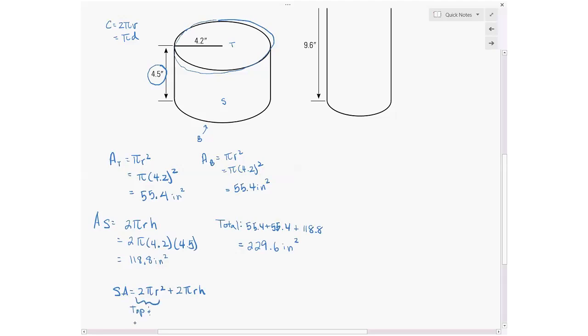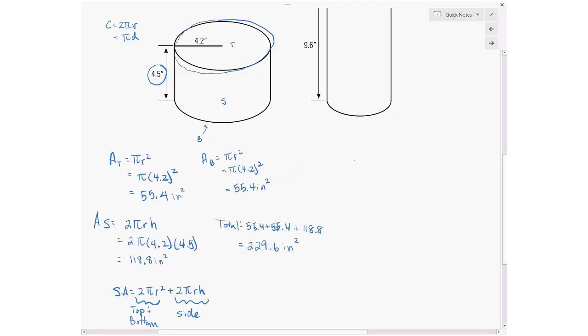So grab your formula sheet right now and write on it that the 2 pi r squared is just the top and the bottom of your cylinder. 2 pi r(h), that's the area of the side. Remember, this length is the circumference of the circle, the width is the height of the can, so this is the area of the side. So if ever you need just the side, you just need the 2 pi rh. If ever you need just the top and bottom, or one of them, you can use one circle, or you can use 2 circles. So that's how that's broken down.